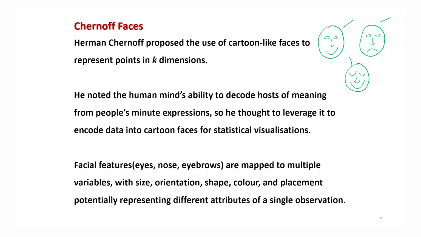Just by using different structures of eyes, nose, mouth, etc., you can create different types of expression. If you try to see this face, this looks like a happy face, and this looks like a sad face, and this possibly looks like the happiest face.